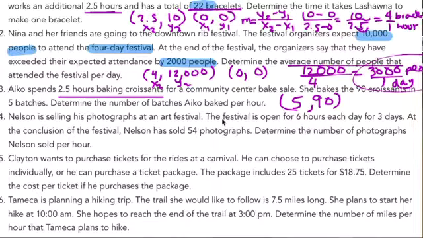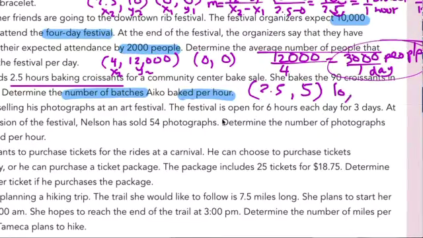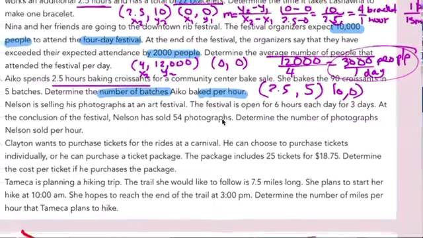She baked the 90 croissants, but we want the number of batches. So in 2.5 hours she baked 5 batches. So number of batches per hour. So 0 hours, 0 batches, and you do it the same as the other one.